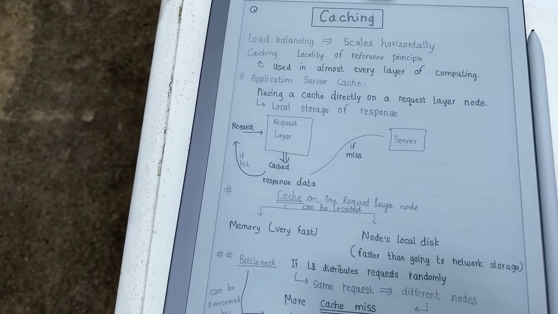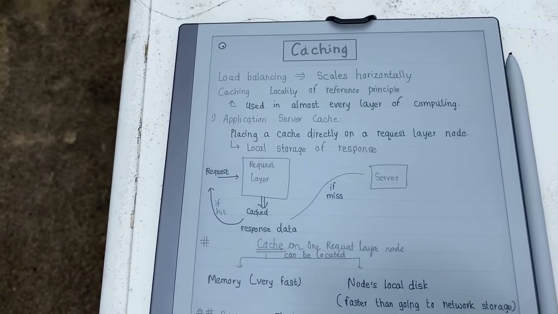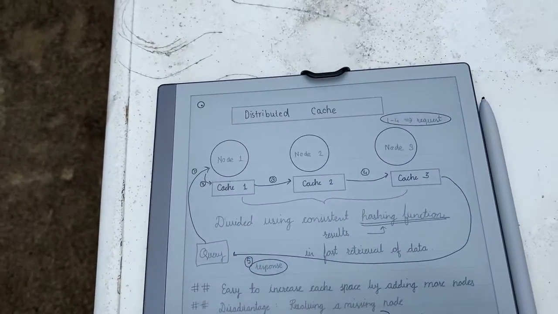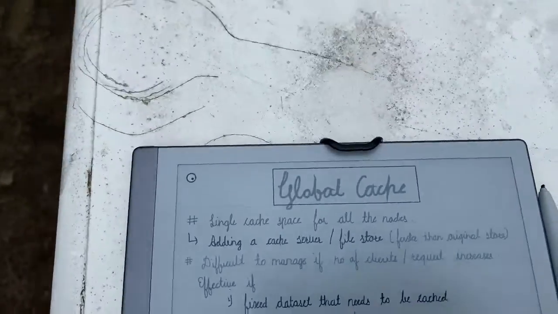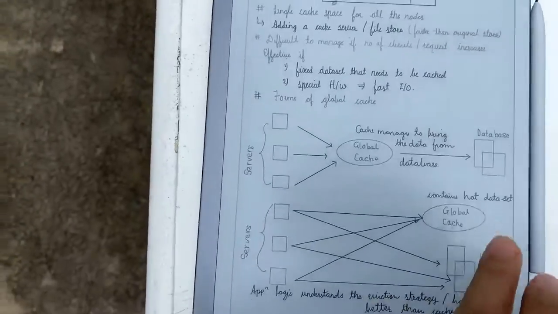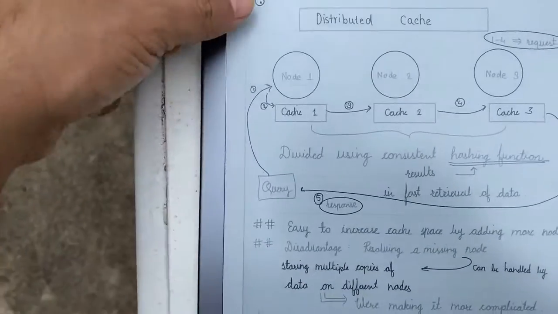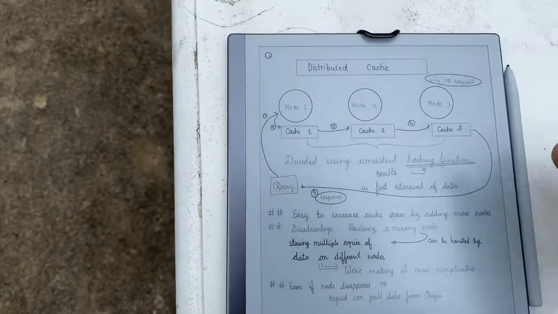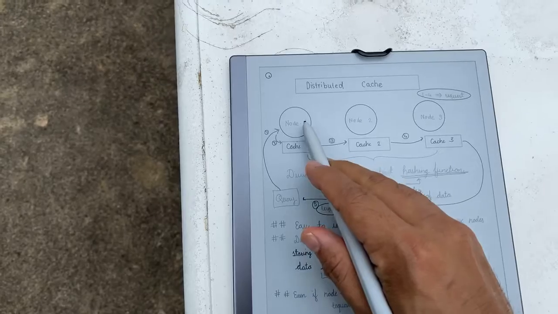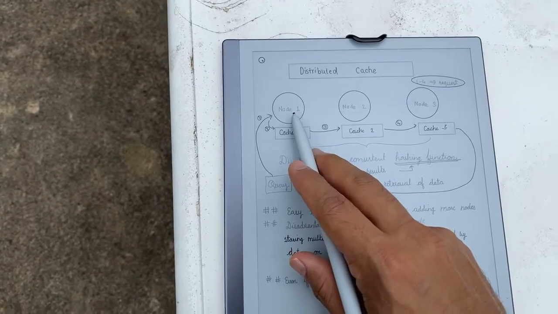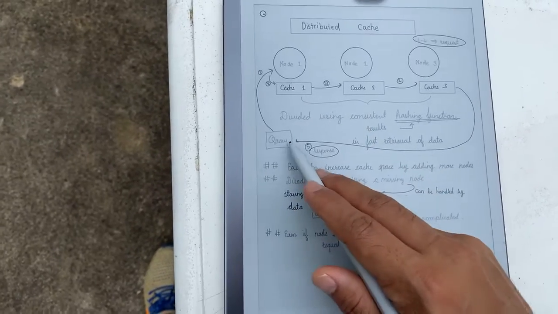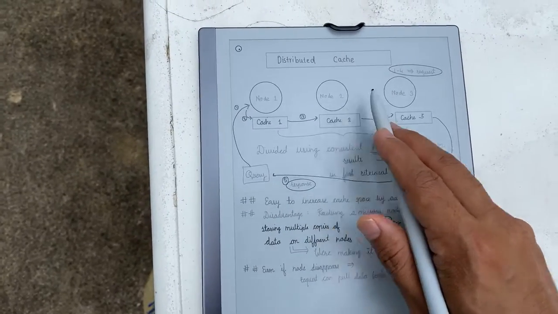And then there is something called the global cache. Let's first go to the distributed cache, because before understanding global cache, we have to understand it. Inside a distributed cache, you have three different nodes. Whenever a request comes and the data is cached on one node, believe that it is local to that node. Now a second request, round robin, might come to node 2 or node 3.